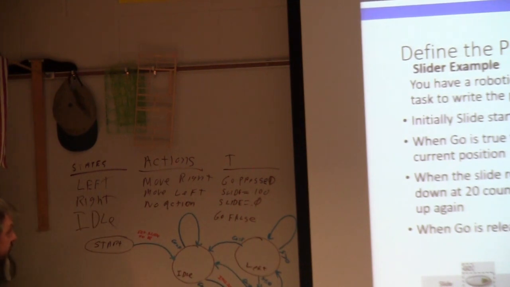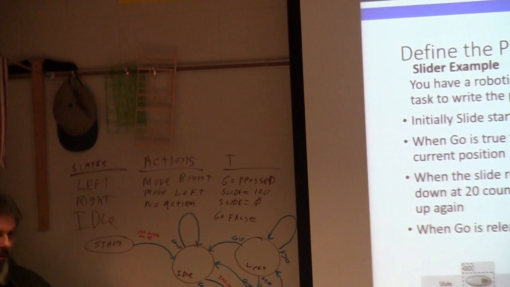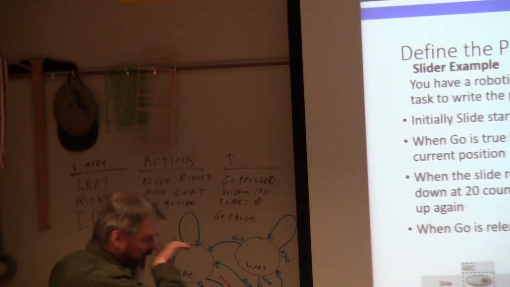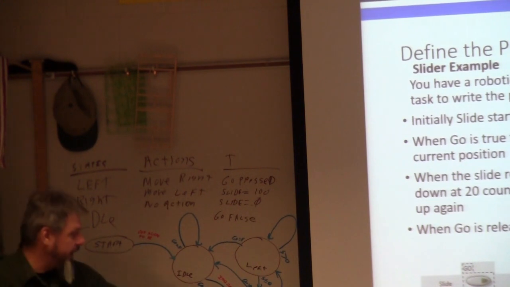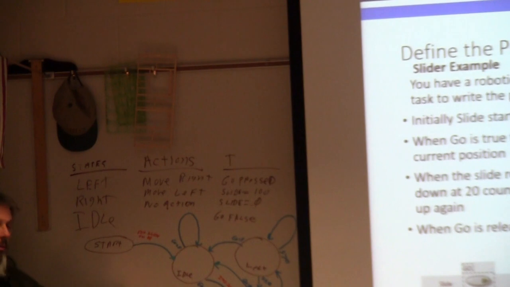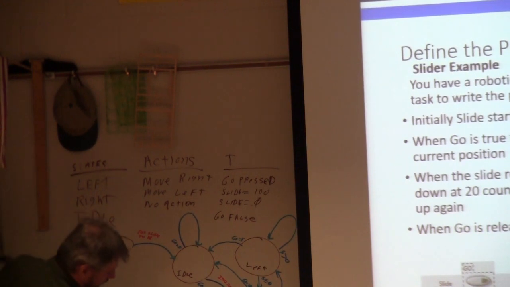So let's finish the actions. If I'm in the right mode, and I come back to right, what action do I do before I come back? So I'm moving right. My condition is my slider is less than 100. What action do I do? Increase the slider. The increment, right?